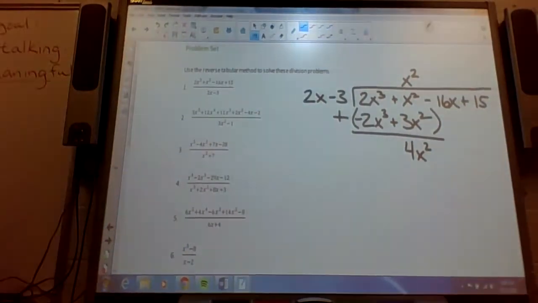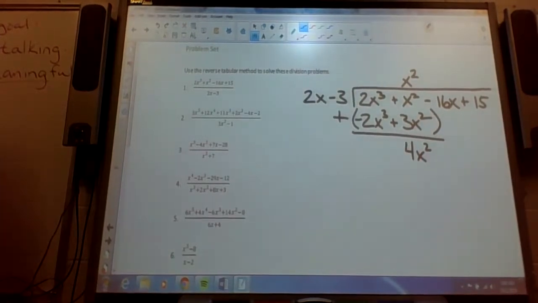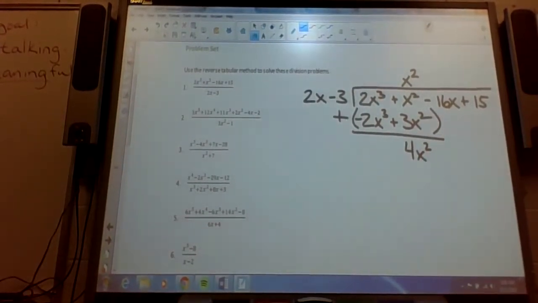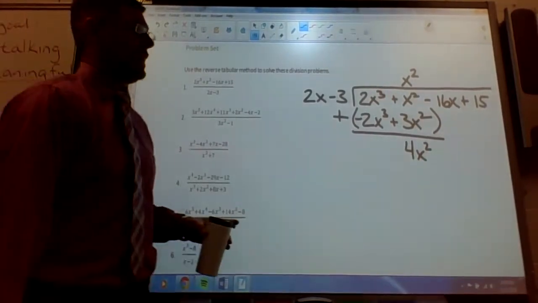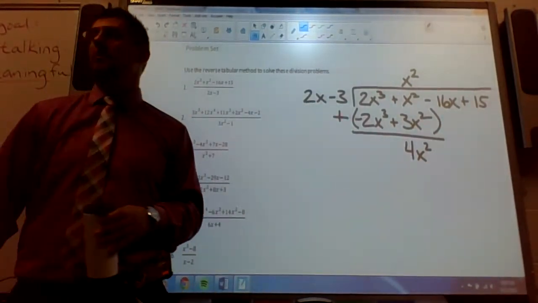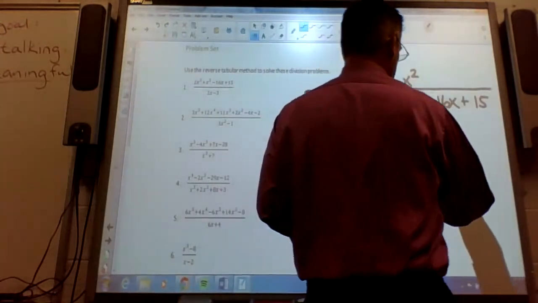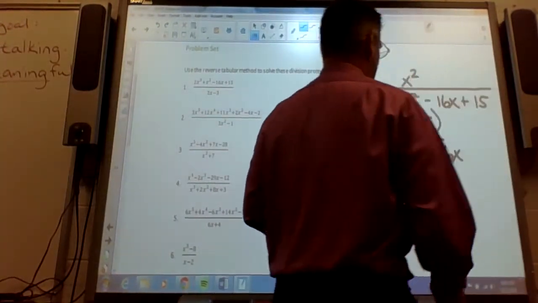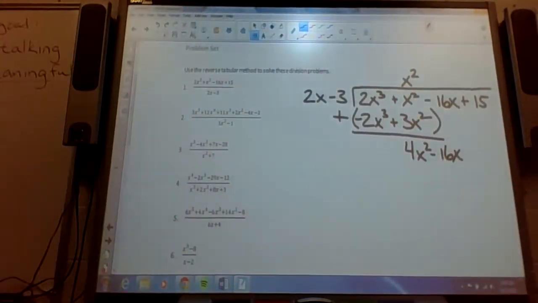You see how it could be easy to lose track of stuff if you're not maniacal about keeping track of your negatives. You have to be maniacal, like an evil genius. Be an evil genius when keeping track of your negatives. And what do I bring down, Caleb? Negative 16x. Excellent.